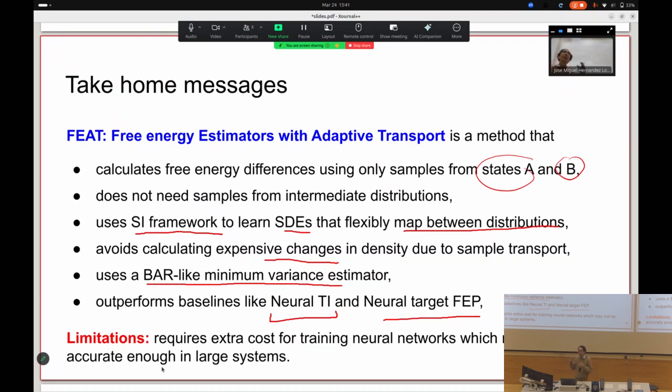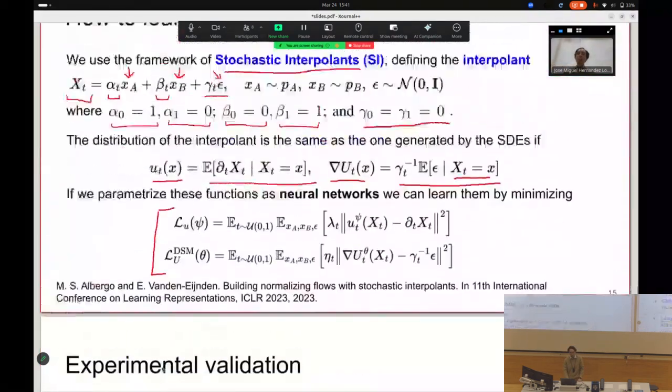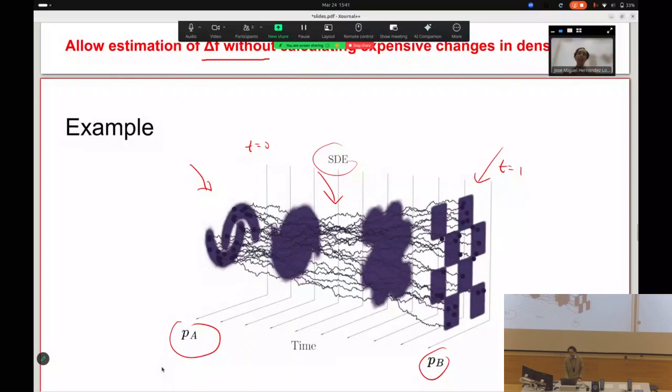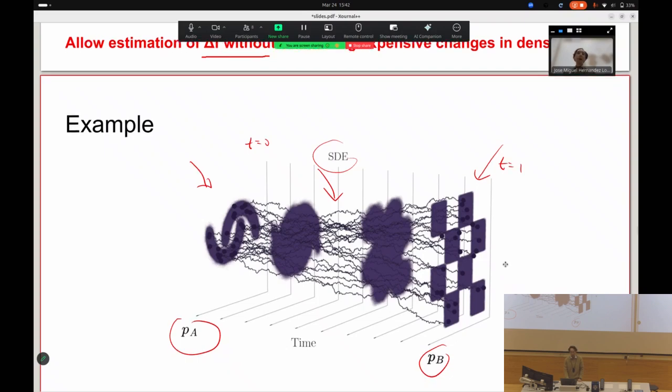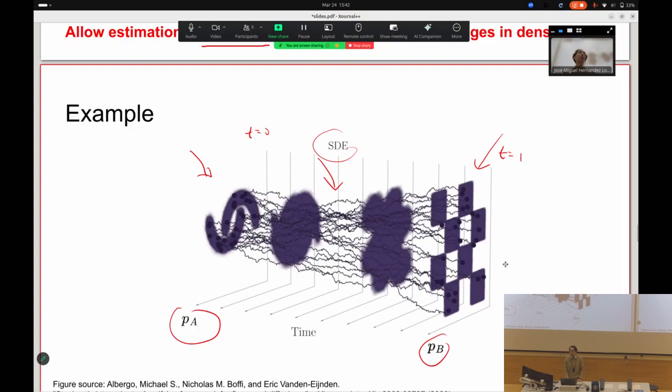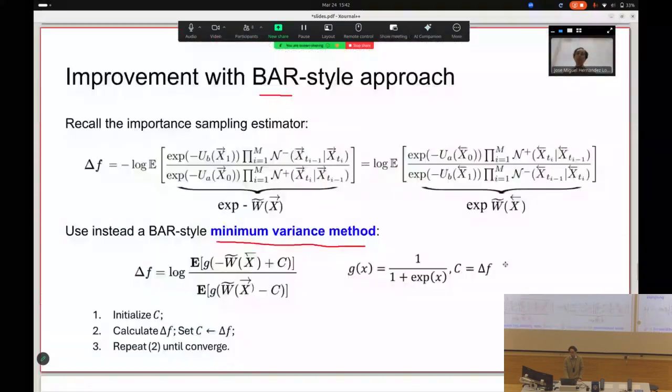And then in that case, there is not going to be that much overlap between the SDE trajectories, the forward and backward SDE trajectories. If you work in very high dimensional systems and your neural networks are not accurate enough, then your estimates of the free energies can be inaccurate.